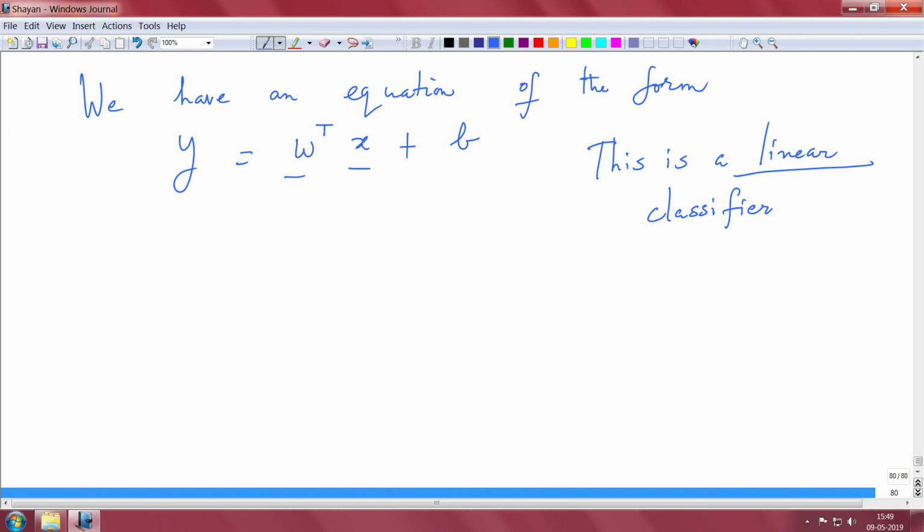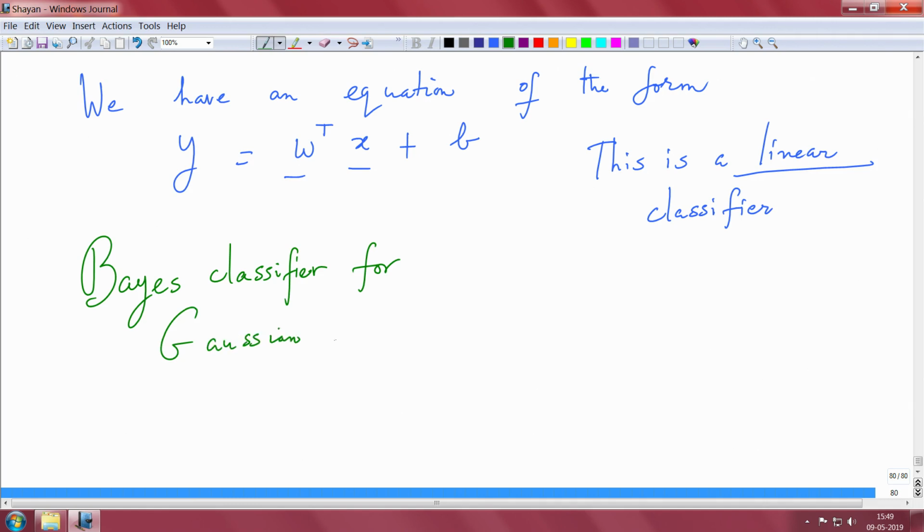Now, what we really want to imply is the following. The Bayes classifier for Gaussian distributions, we assume that the covariance is the same and the means are different.